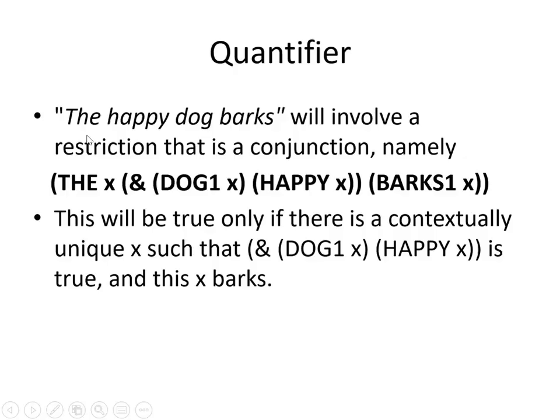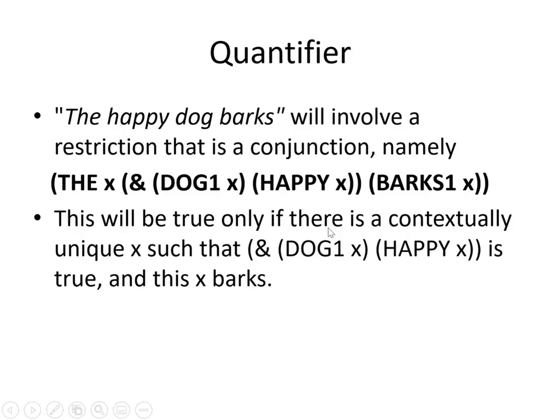The second example, the happy dog barks, involves a restriction, that is a conjunction, since only the happy dog barks. How will you represent it? The quantifier here is the, and the and operator. You can see that only the happy dog barks, so you have dog X, those that are happy, barks, and all this with the.